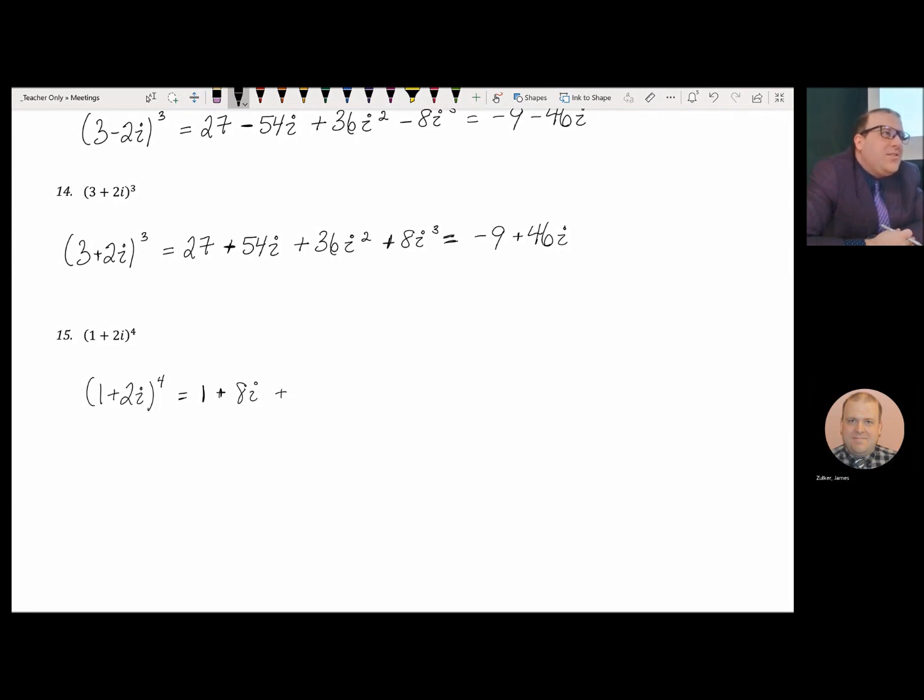That gets multiplied by 6. 2i cubed, 8i cubed, right? That gets multiplied by 4.